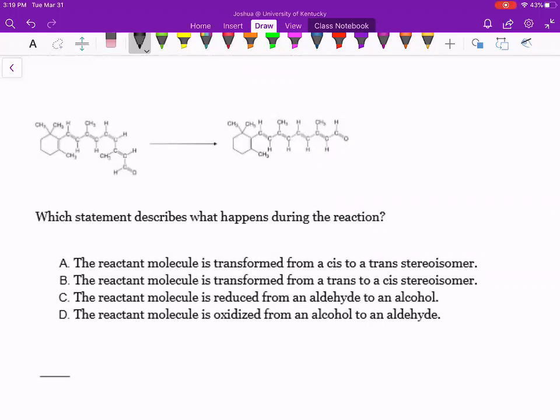D, the reactant molecule is oxidized from an alcohol to an aldehyde. The answer is A. The reactant molecule is transformed from a cis to a trans stereoisomer.